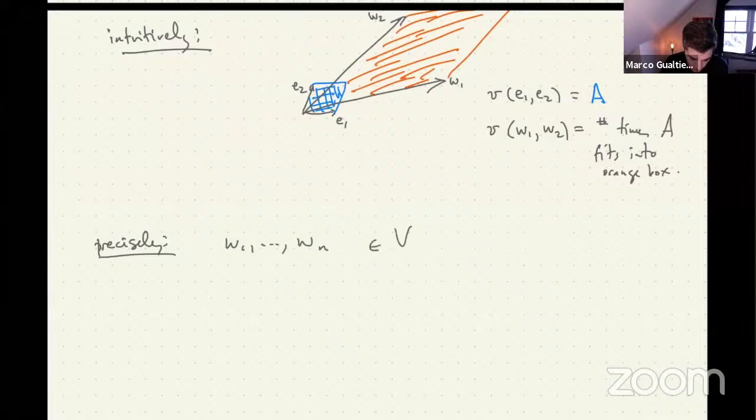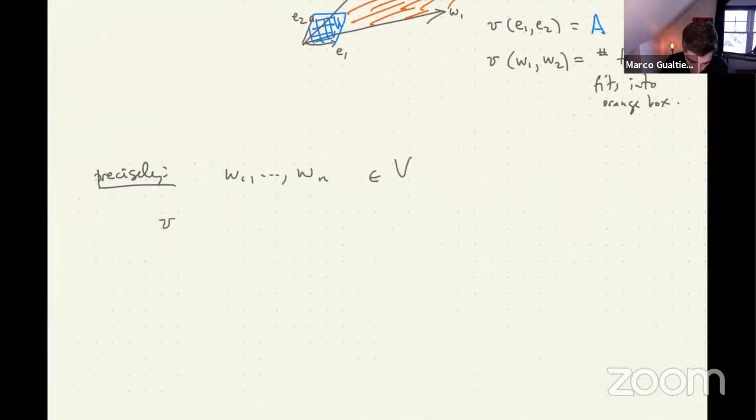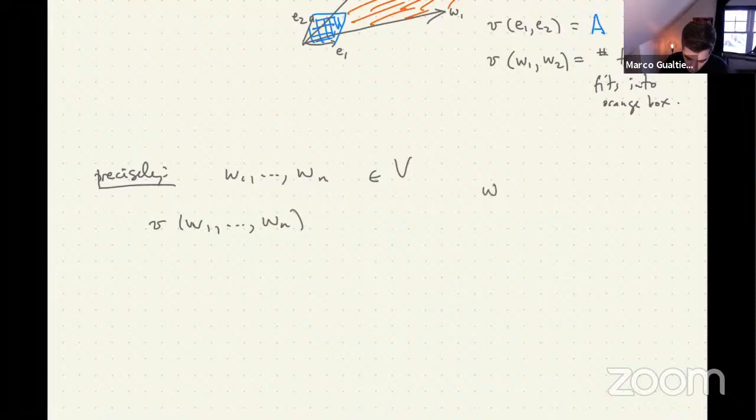n vectors in V and we want to compute what the value of the volume is on this, then what we would need to do is take each of the given vectors and expand it out in terms of the basis.